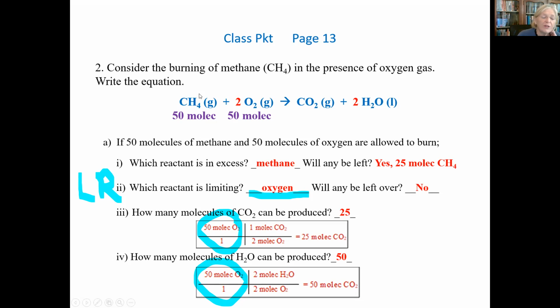If you have 50 molecules of methane and you're going to use them all, you would need 100 molecules of oxygen. Are you given it? No. So you must run out of the oxygen, making oxygen the limiting reagent, and necessarily using oxygen to do the math considerations as to how much product is formed.